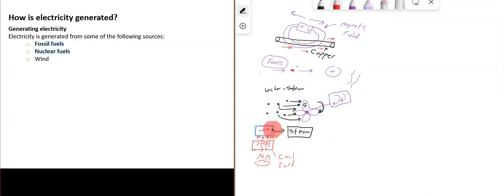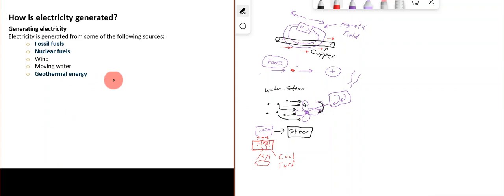Instead of using steam to turn the turbine, we can use air particles to hit against the turbine and turn it. That's the basis of wind turbines. We can use moving water. Again, instead of heating up steam, we can use things like dams, for example, to force water across this turbine and get it to turn, and again generate electricity.